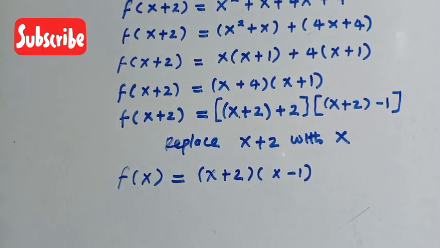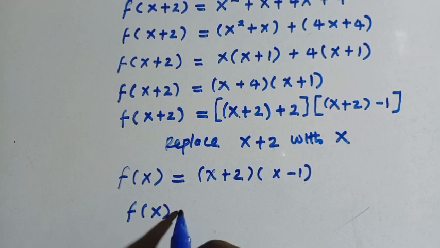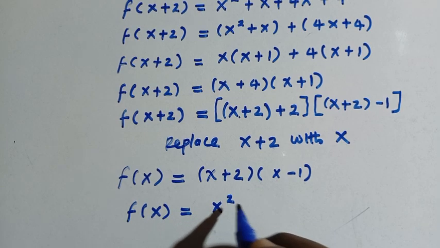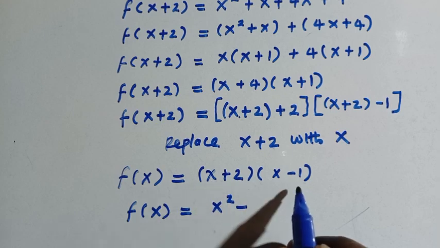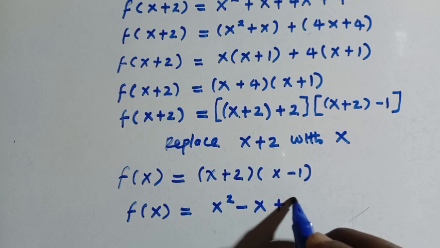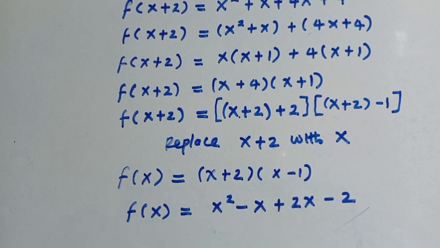Then let's try to expand this. We have f(x) equals x multiplied by x, that is x squared, minus x multiplied by 1, that is x, plus 2 multiplied by x, we have 2x, minus 2 multiplied by 1, that is 2.